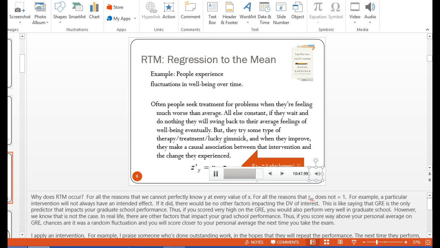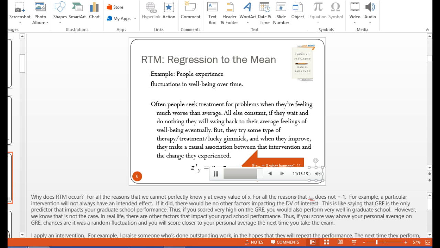Maybe it's -2, so it's way below its average. So it's an extremely low score. If the RxY is 1, then we will have the same for the expected value of the DV. We'll have a DV expected z-score of -2 as well. So we have no RTM happening in that case.